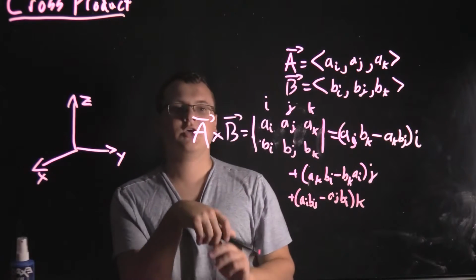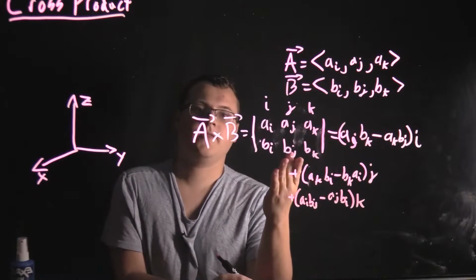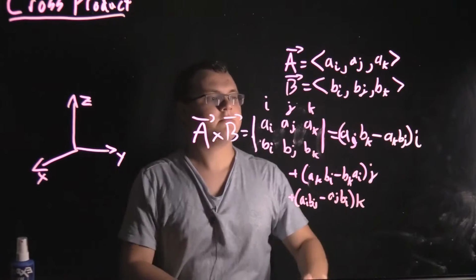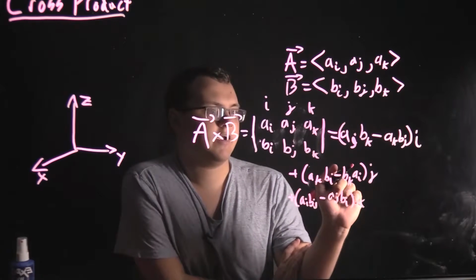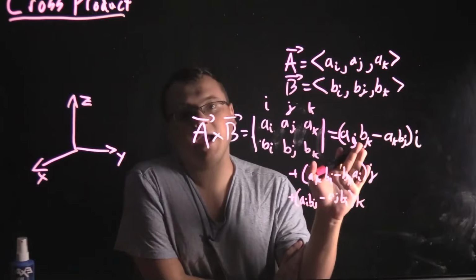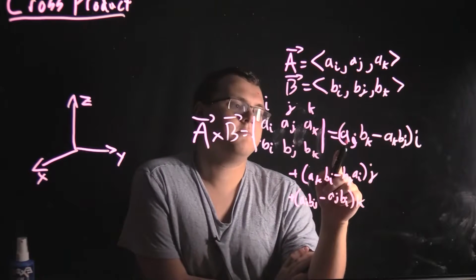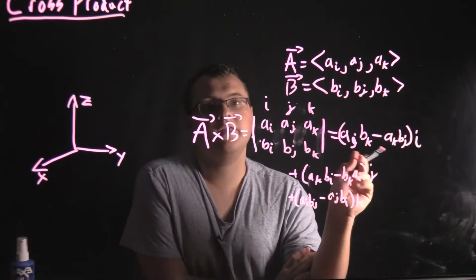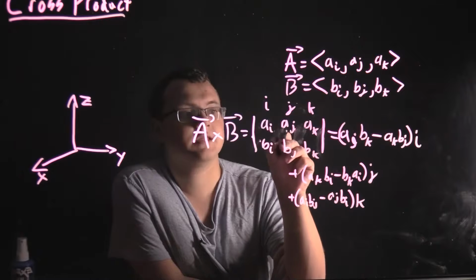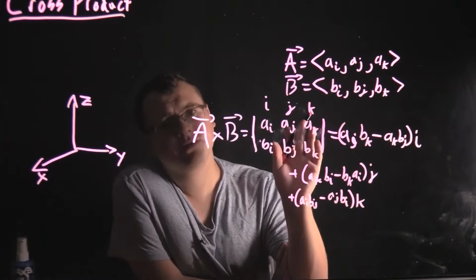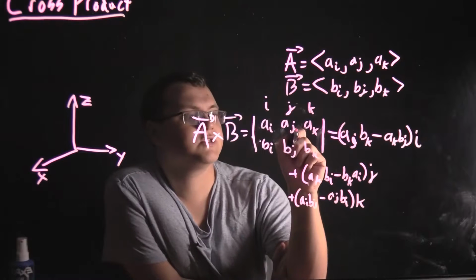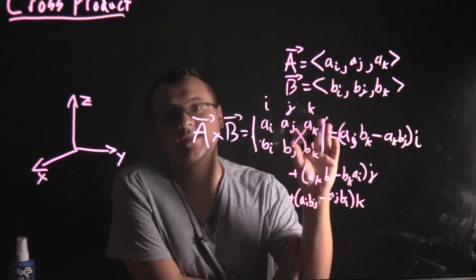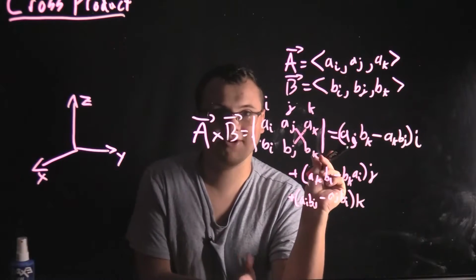All right, so this would be the result of A cross B. So, as you can see, for the I part of the vector, it would be aj bk minus ak bj. And you would do that by getting the determinant of these two columns and these two rows, which, if you don't have to think about it that much, you can just do aj bk minus bj ak. That's easy to remember for me because it's a cross, and you're doing cross product.